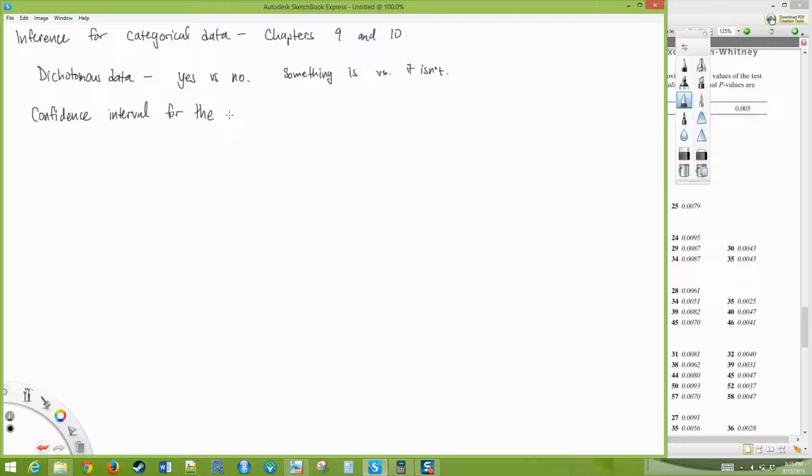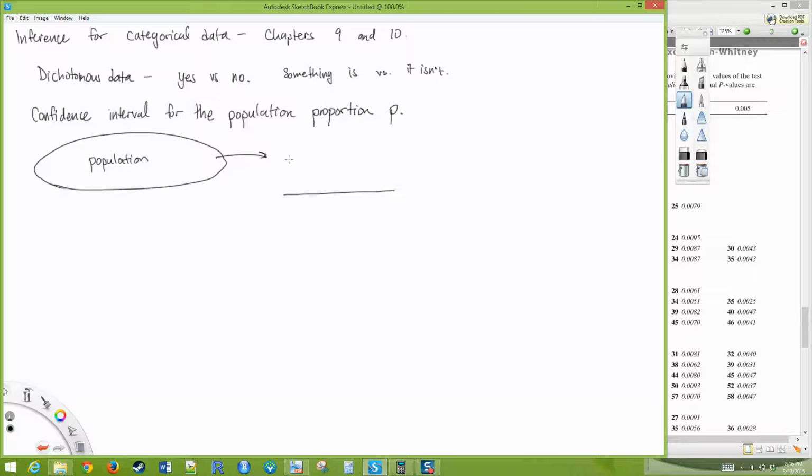For the population proportion P. Imagine having some population, and that population could be split into 2 groups.